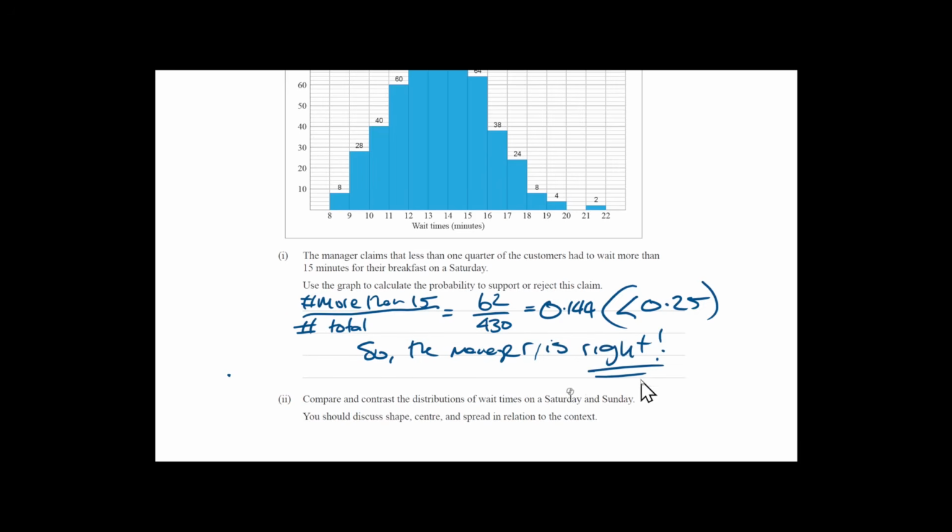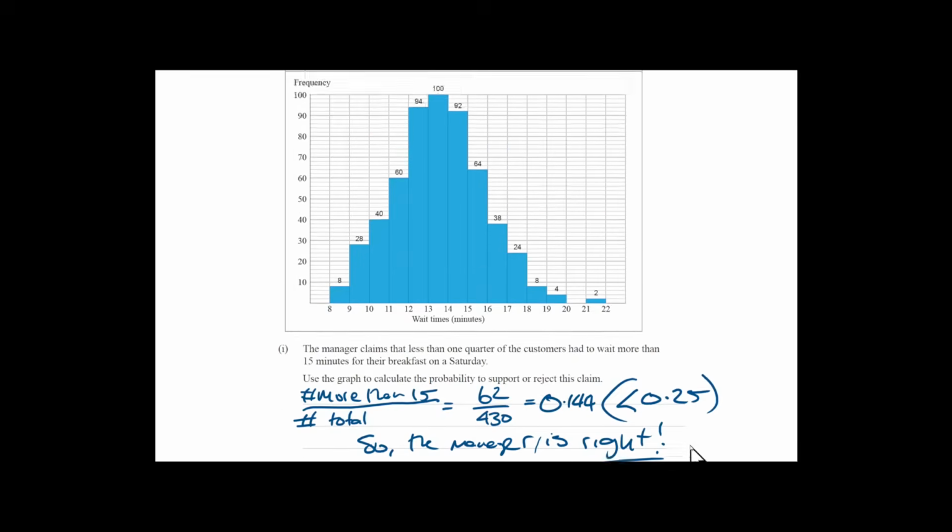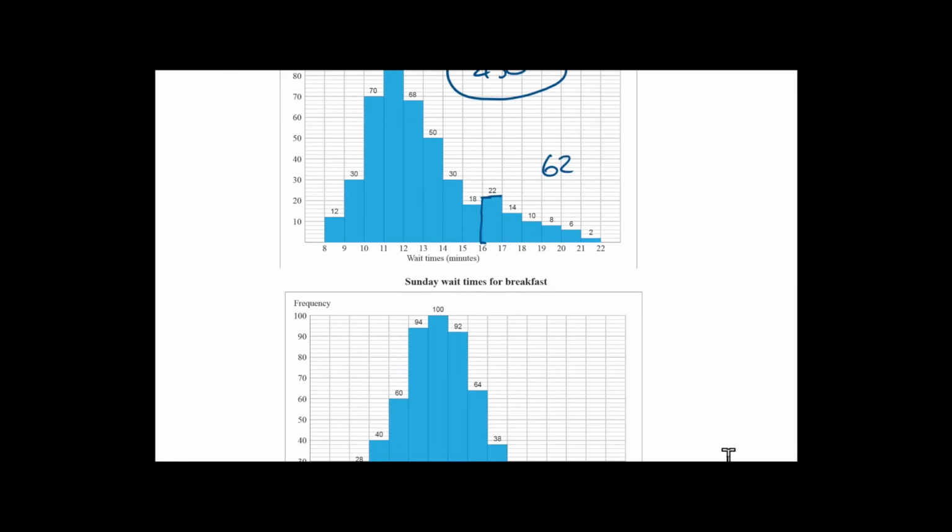Okay. So compare and contrast the wait times on Saturday and Sunday. Discuss shape, center, and spread in relation to the context. So we want to compare these two graphs. Let's make it a little bit smaller. Let's rub out all of this.